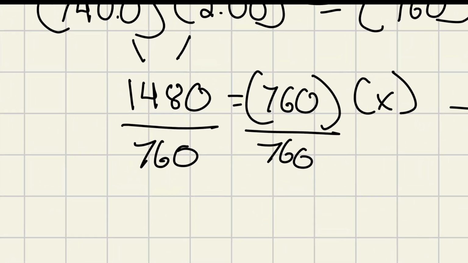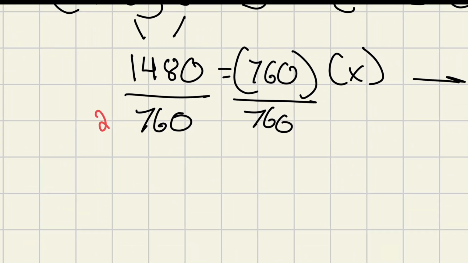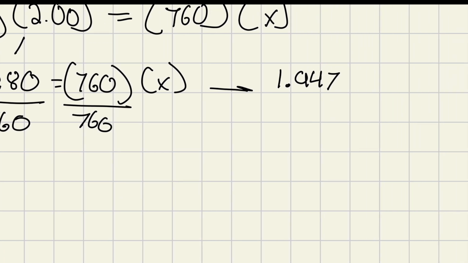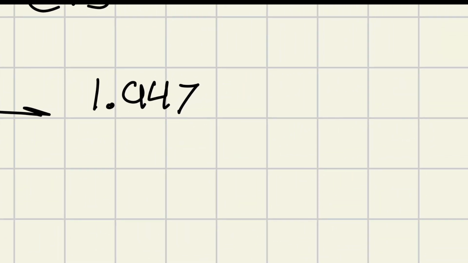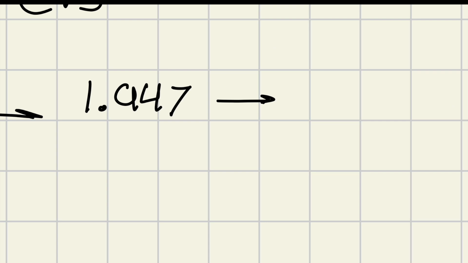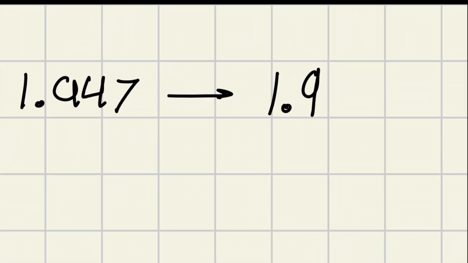We divide here, and this still has 2, 3, and that tells us that we have to go with the lowest sig figs. So our answer should be, I hope this is the answer, but it should be 1.9. Is that 2 sig figs? Yeah, it should be 2 sig figs. Okay.